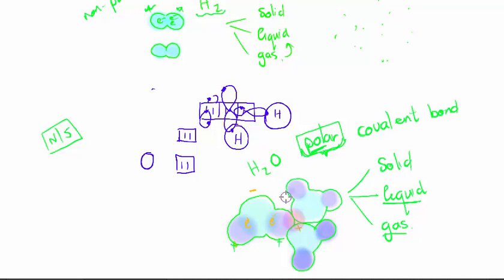On the weekend, sugar is C, carbon, H22O11. I think that's the formula for sugar. And you'll notice that all of these elements are ones that won't easily give away electrons, so it becomes covalent. The whole thing is a polar molecule, and this one is polar because of the 12 carbons.